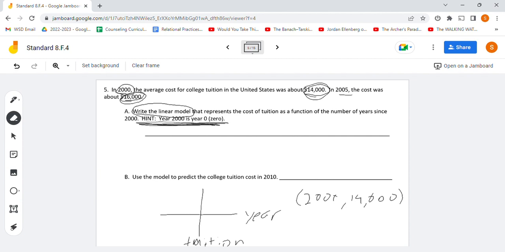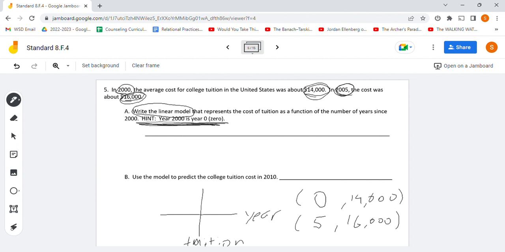So instead of year 2000, I am going to call that year 0. And when we renumber that, we just need to remember, okay, 2005 is not going to be written as 2005 anymore. Since 2000 was the year 0, 2005 would become the year 5. And we know that in that year it was 16,000, so we were given that.